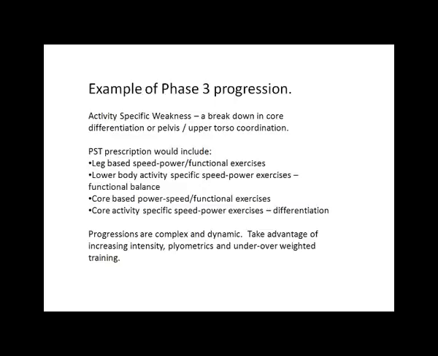And we also can then employ different variations of short response and long response plyos, different variations of underweighted, overweighted training. But we start doing the exercises that we left off with in phase 2 on a very ballistic level. So we're doing ballistic, plyometric-based swings and throws and functional, activity-specific movement patterns, in this case, specific to the lower body. Then we'll move into core-based power, speed, functional exercise.